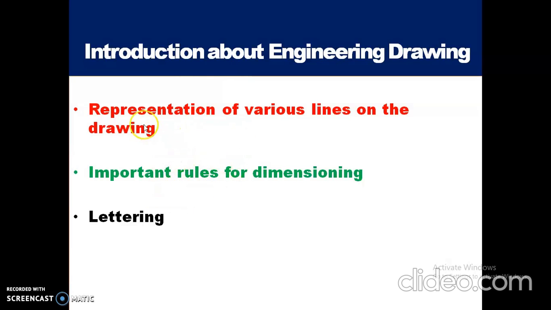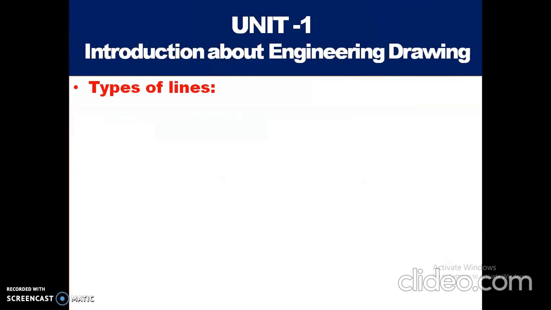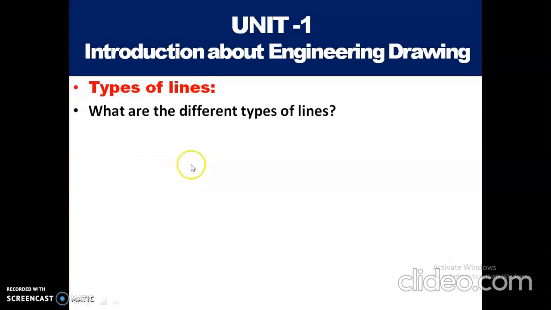What is the first topic? Representation of various lines on the drawing. Before that, what are the different types of lines? In engineering drawing we have different types of lines.